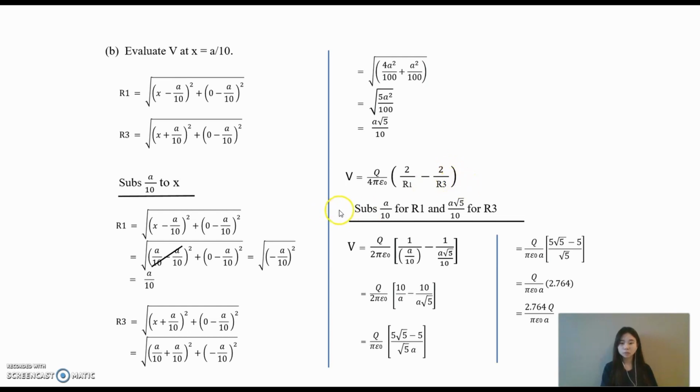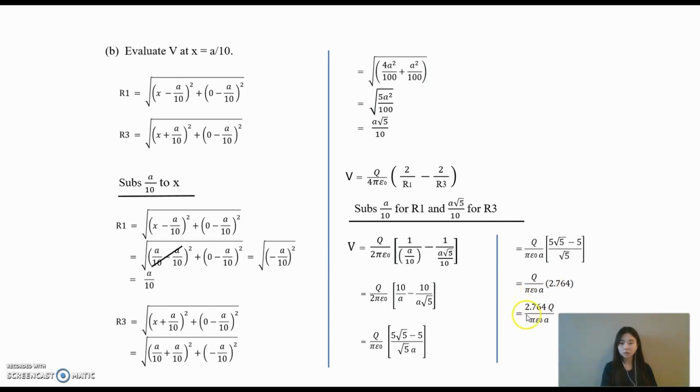So we substitute a over 10 for R1 and a square root 5 over 10 for R3. So these are the solutions, and after we simplify everything, we get 5 square root 5 minus 5 over square root 5. So with the calculator, we get the answer 2.764.